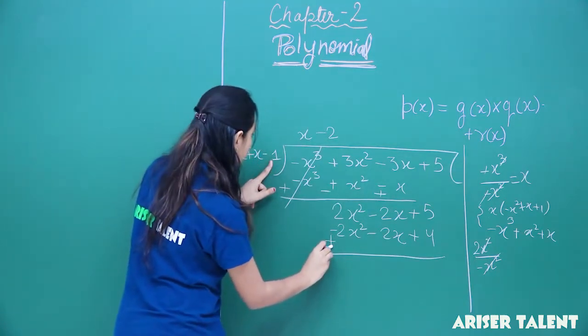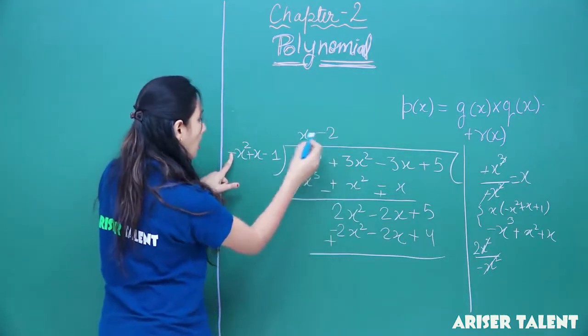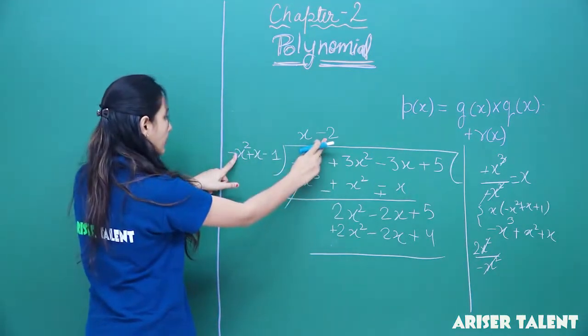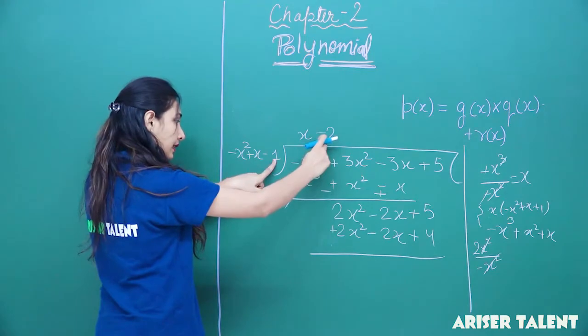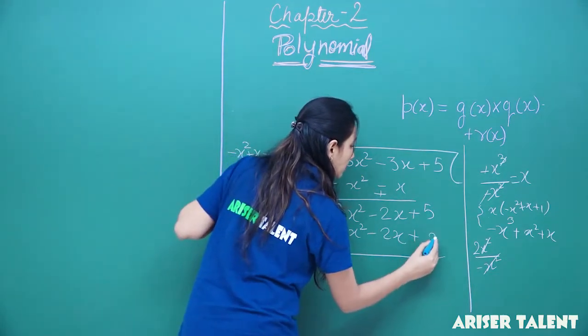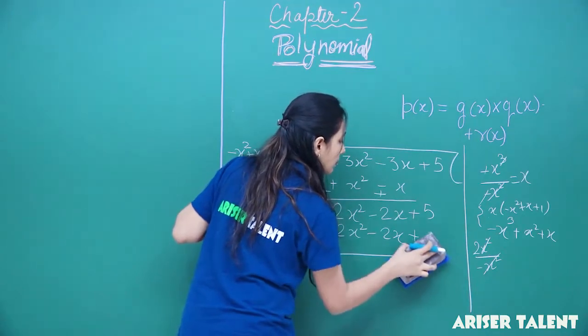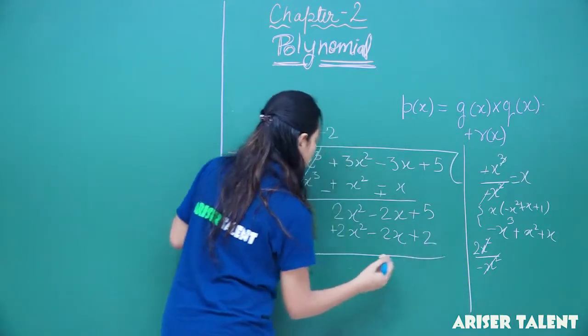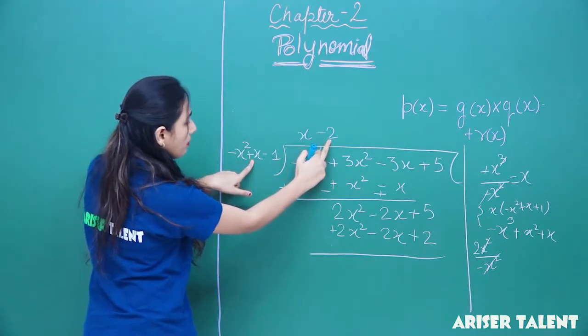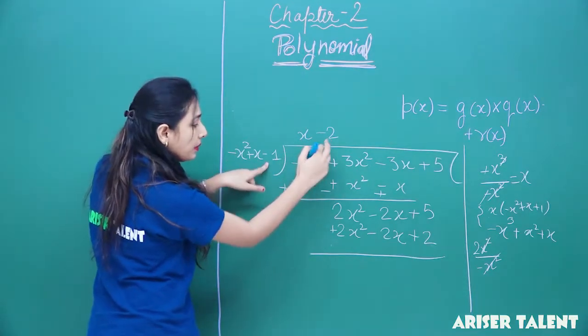Now what? Plus of 2x square, okay. Plus of 2x square, then minus of 2x, then plus of 2. Okay, check again. Minus of 2x square, minus of 2x and plus of 2.